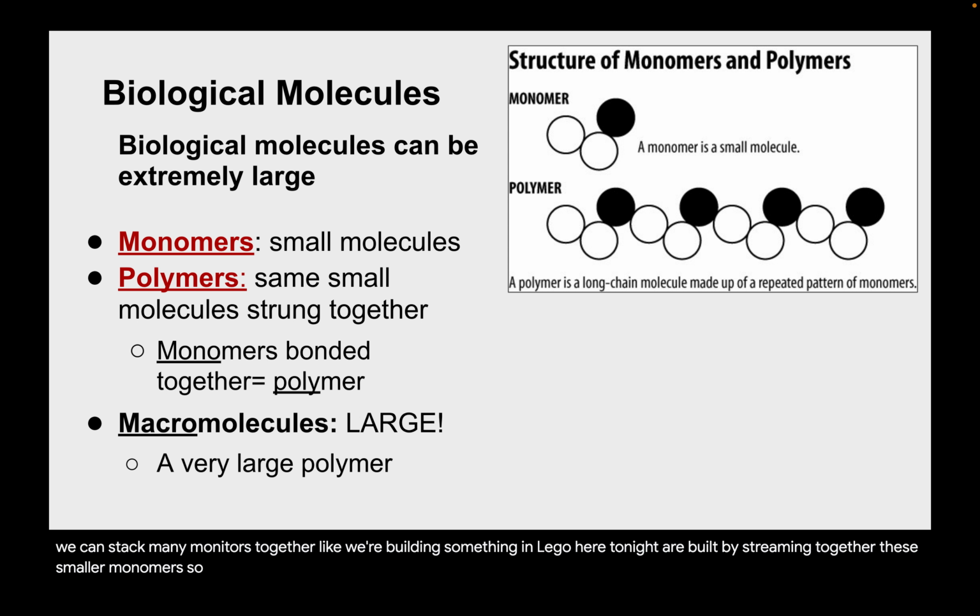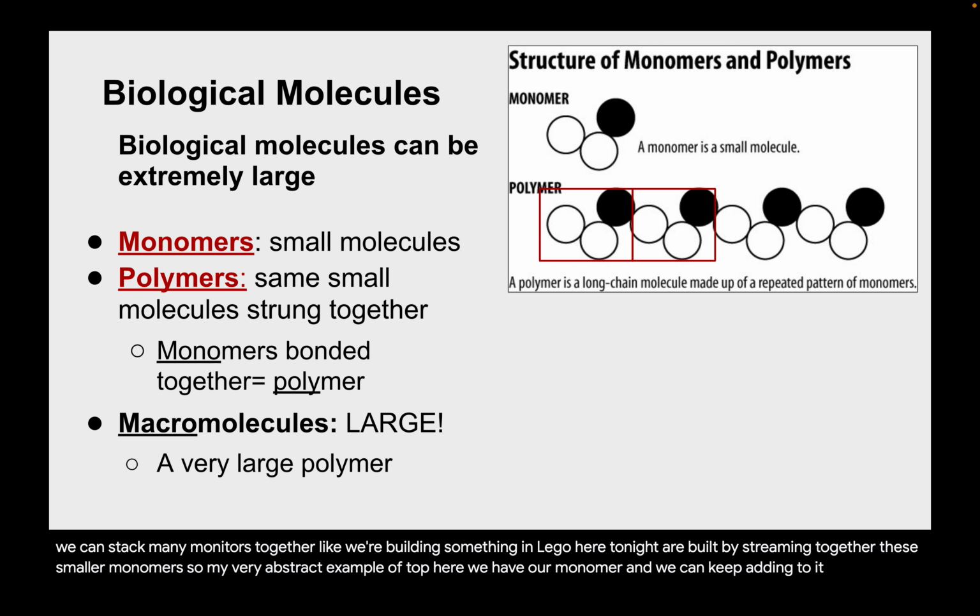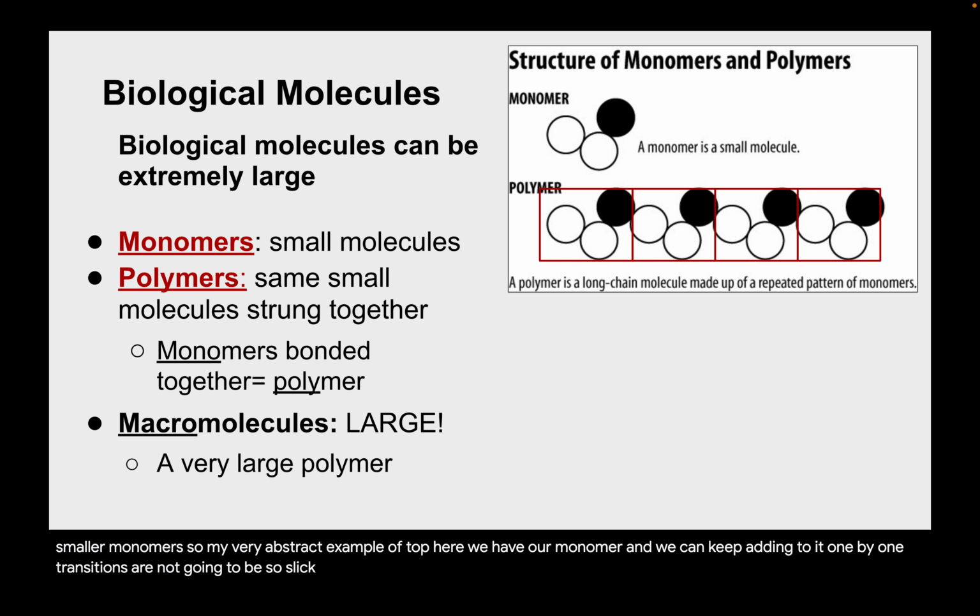In my very abstract example up top here, we have our monomer, and we can keep adding to it one by one to build this long chain of polymers. Now, if this polymer is huge, thousands of monomers long, then we would call it a macromolecule. It's just a very, very large polymer.